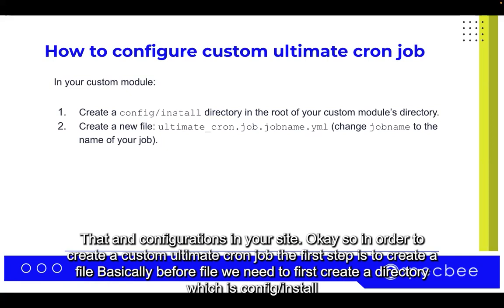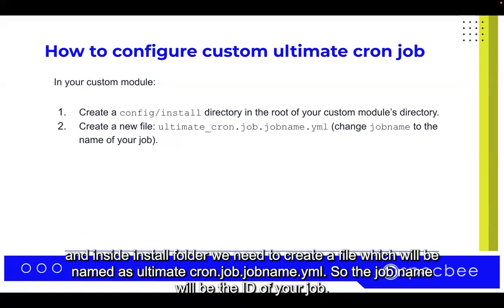In order to create a custom Ultimate Cron job, the first step is to create a file. Basically, before the file, we need to first create a directory, which is config/install. Inside the install folder, we need to create a file named ultimate_cron.job.jobname.yml.